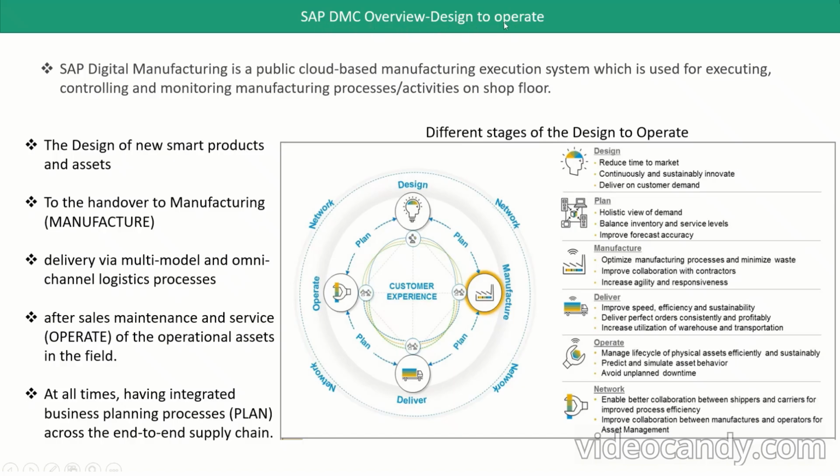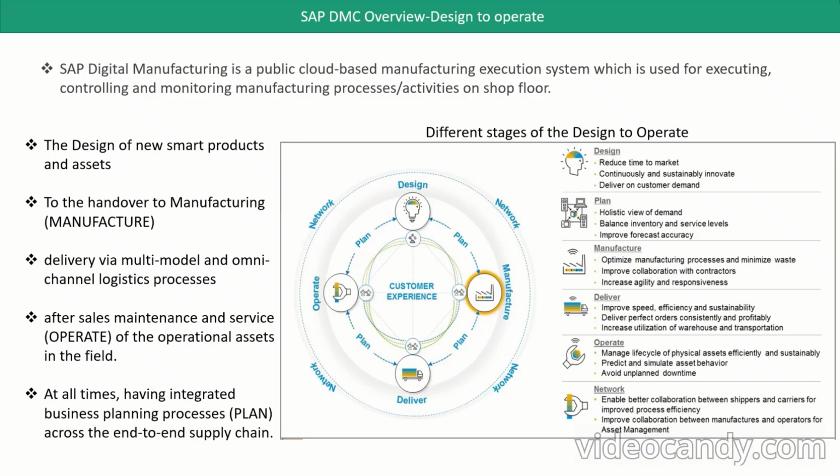Here I want to explain where the SAP Digital Manufacturing execution system fits in the supply chain. So we are going to learn about digital manufacturing on cloud, and we should know where it fits in a supply chain.